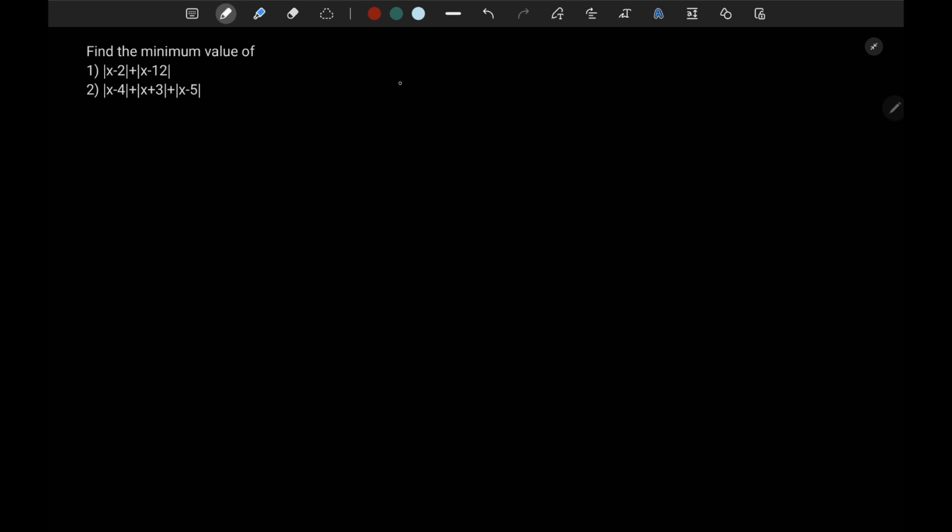Before solving this, let's understand something known as critical points. Suppose we have a function in x given by f(x) equal to some modulus of x minus a plus modulus of x minus b plus modulus of x minus c and more such terms. Here these values a, b, and c are called critical points.